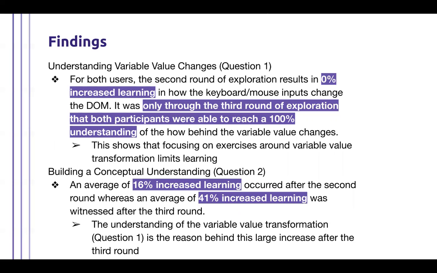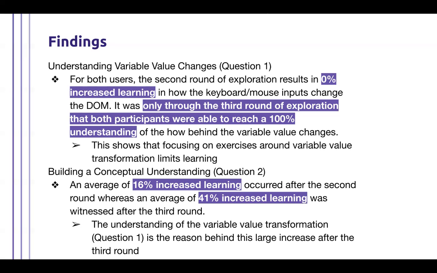Now I'll speak on some findings based off of the user's pre and post test answers. The first is around understanding variable value changes that was being tested in question 1. For both users, the second round of exploration resulted in 0% increased learning in how the keyboard/mouse inputs change the DOM.